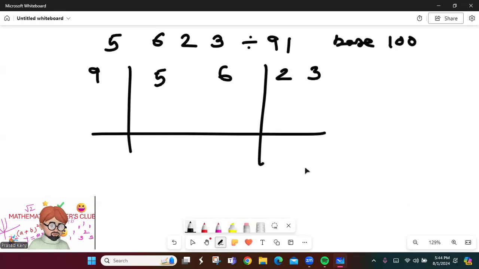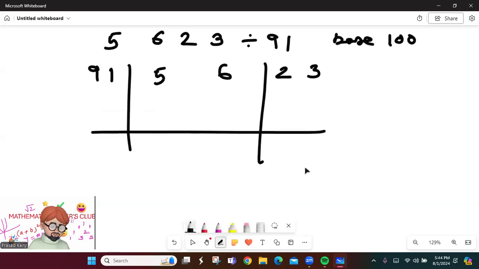Now here, the divisor is 91. And if I use all from 9 and last from 10 rule, I will get 09 as the complement. Keep it in mind that even though the complement is only 9, since the base is 100, 100 has two zeros. So instead of writing only 9, it is better to write it as 09, two digits.